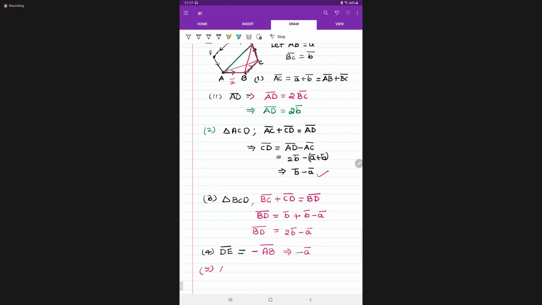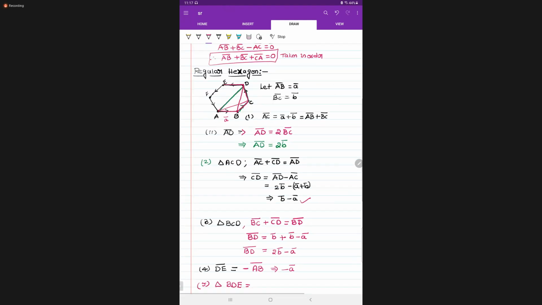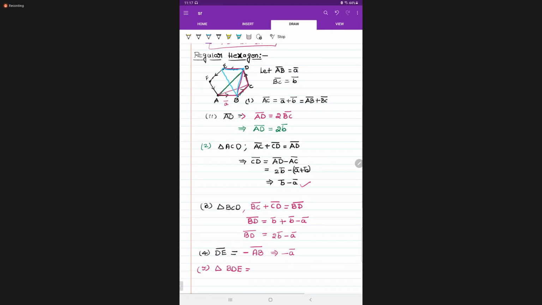Next, triangle BDE. BD bar plus DE bar is equal to BE bar.